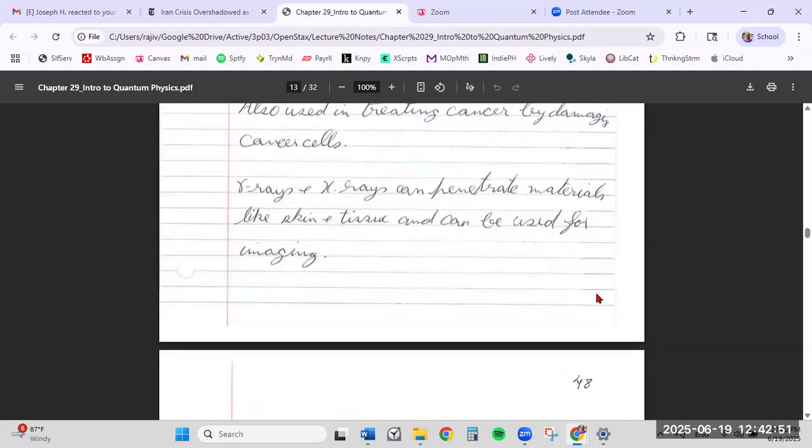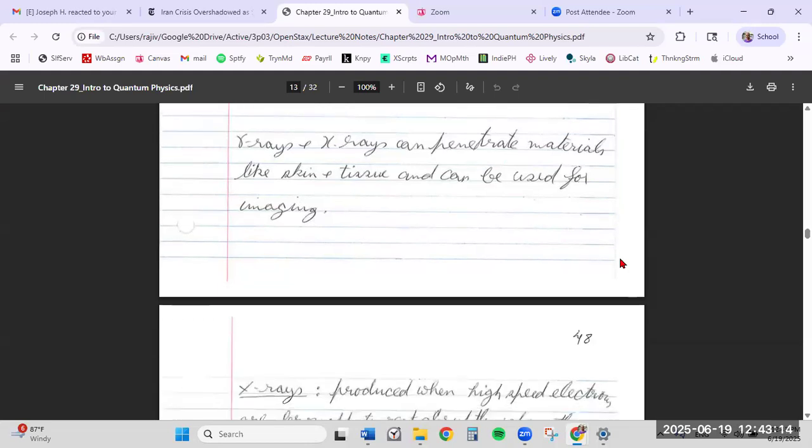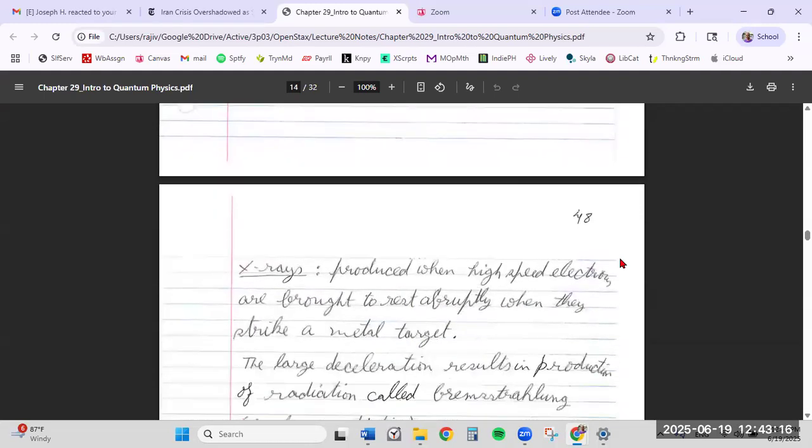The energy of gamma rays and X-rays is such that they can penetrate materials like skin and tissue. That property is useful in creating images of the inside of objects, including bodies. That's why gamma rays and X-rays are good diagnostic tools in the medical field.